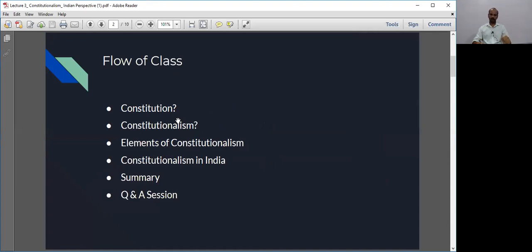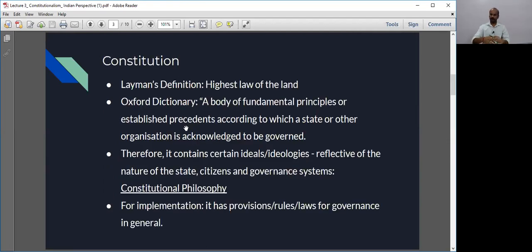Then we will proceed to the elements which are included in constitutionalism, and then we will talk about the state of constitutionalism in India, and then we will summarize everything, and then we will have a question answer session, and then we will further proceed. Right. So let's start our discussion with constitution.